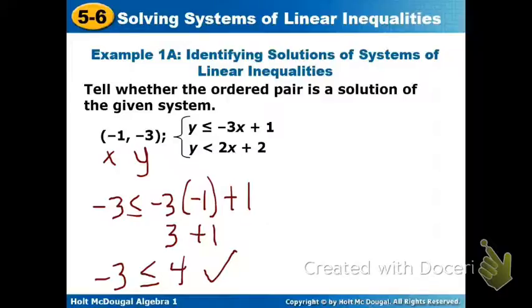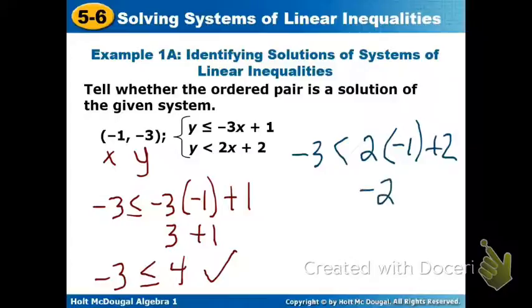Now let's check this other inequality here. So y is less than 2x plus 2. So negative 3, is that less than 2 times negative 1 plus 2? Well, 2 times negative 1 is negative 2. Add 2 onto that, and that gives you 0. So is negative 3 less than 0? Yes. Negative 3 is less than 0.